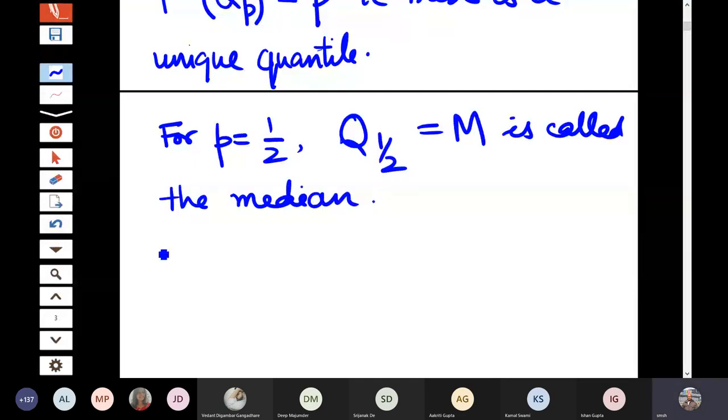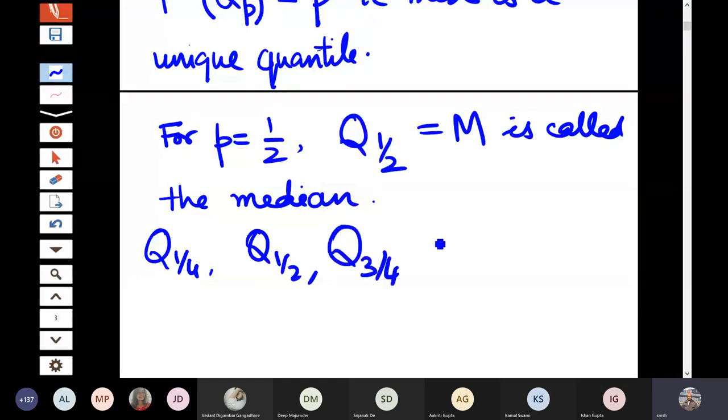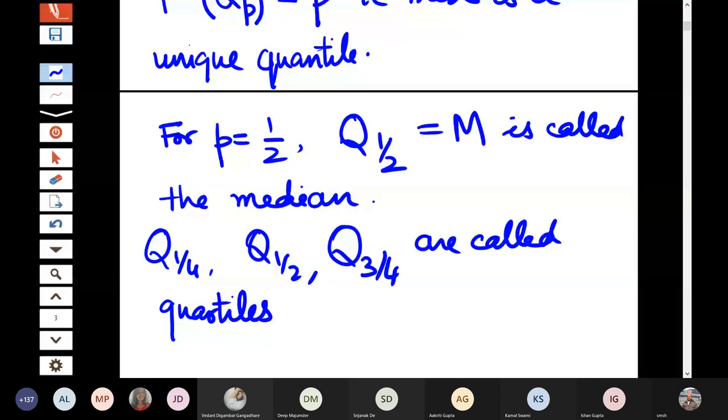And similarly Q of 1/4, Q of 1/2, Q of 3/4. These are called quartiles. That means we are dividing the distribution into 4 parts.